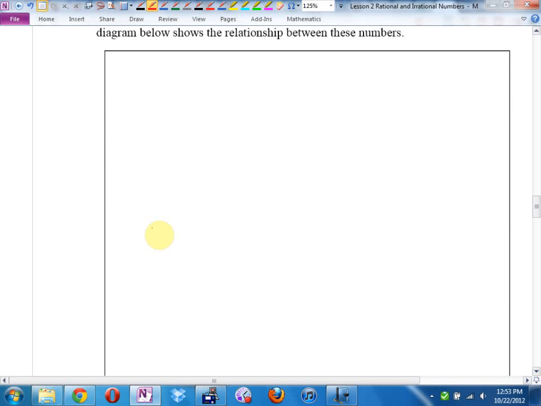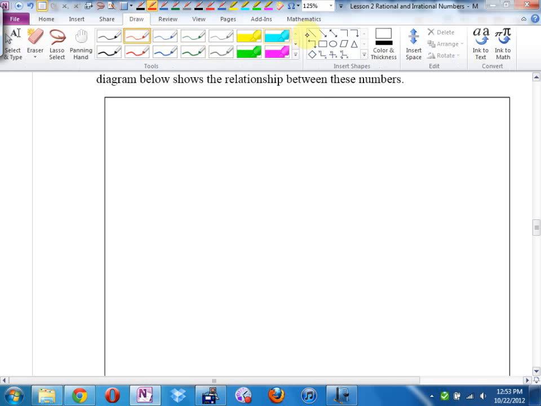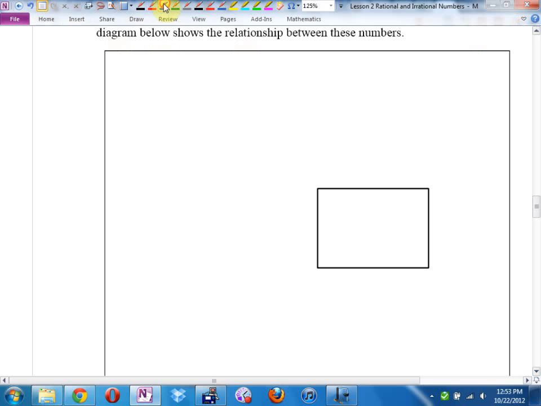In fact, we can draw this as a picture. So what I'd like you to draw in the middle of this picture is a little rectangle about that big. Or it can be a circle. This is going to be the natural numbers.